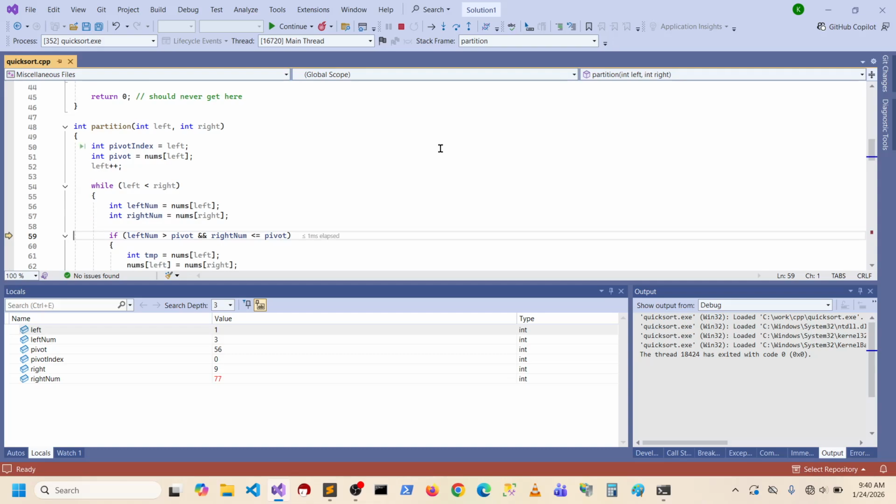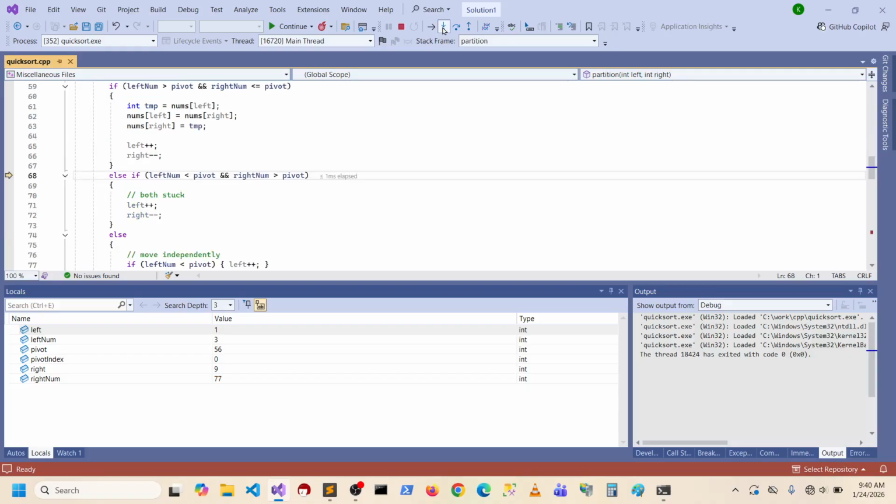So 77 needs to swap. Oh, no, it doesn't. Duh. The code did not lie.